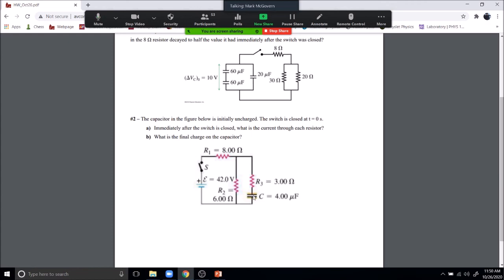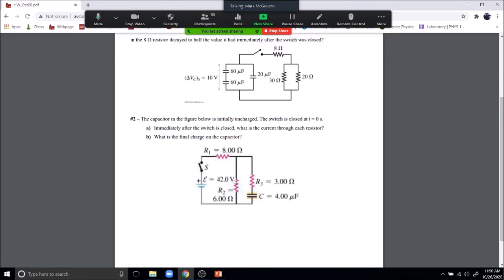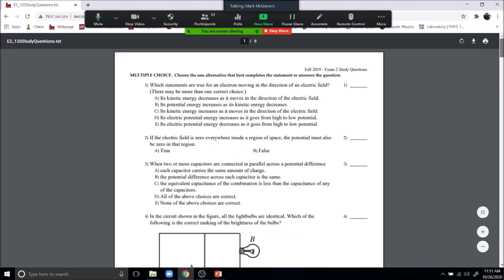So that's kind of a good problem. So part A is basically let's assume the capacitor is not there, and part B is let's assume the entire branch on the right is not there. And what you'll get from that is the potential difference of the parallel configuration here. Once you get the voltage of the parallel configuration, that would be the voltage of the capacitor, and you get your charge from that.